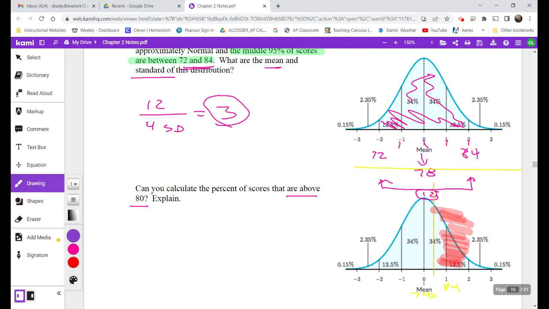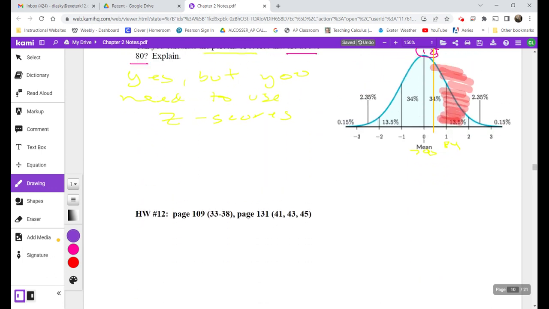Yes, you can. It's a yes, but you need to use z-scores. Okay? Yes, but you need to use z-scores.